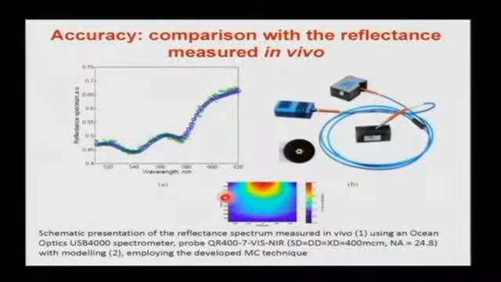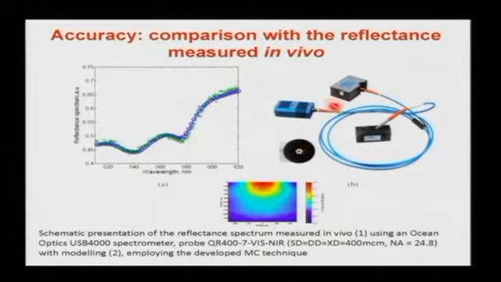And also, when we talk about skin reflectance measurements, we're able to select the optical properties for skin in a way that we can mimic the reflectance spectrum for the particular device.